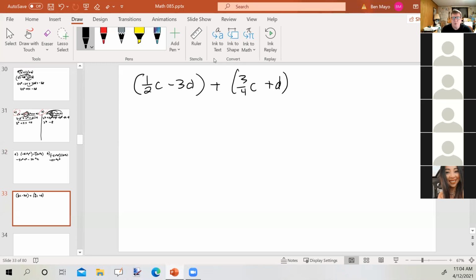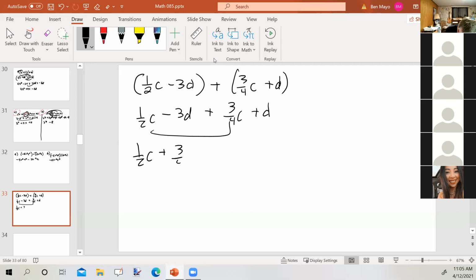Okay, so we're adding. We're going to have what? 1/2 c minus 3d plus 3/4 c plus d. These are like terms. I'm going to put them next to each other. But to combine those first two like terms, I need a common denominator.